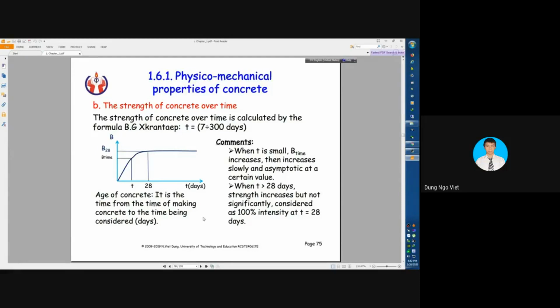The age of concrete is the time from the time of making the concrete. This is the first day we make the concrete, to the time being considered, and this is the age of the concrete. And we know the 28 days.